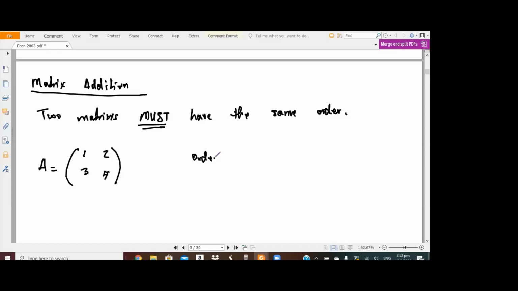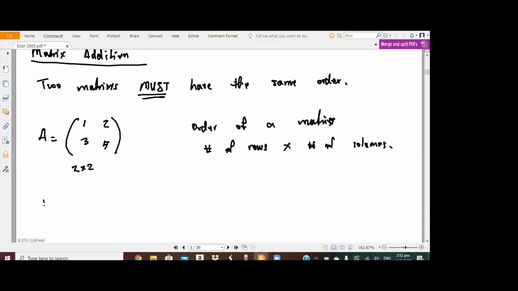The order of a matrix is given as the number of rows by the number of columns, right? So the order of A here is 2 by 2.